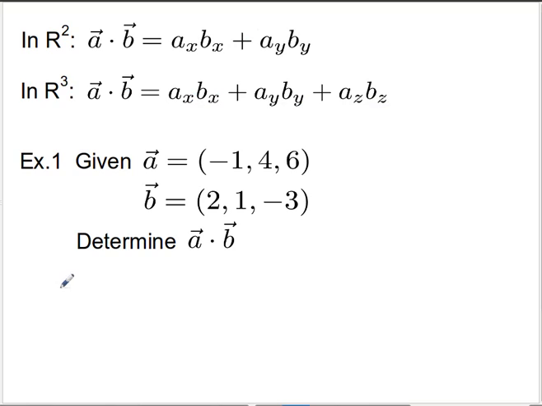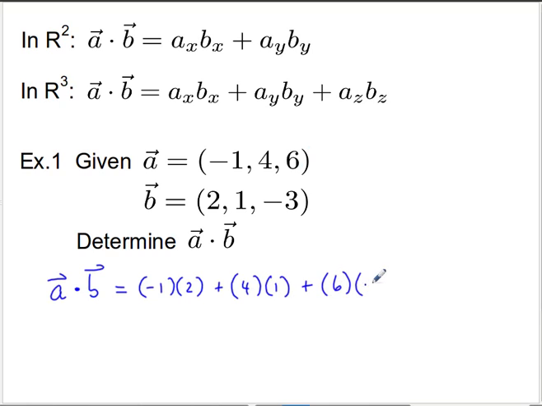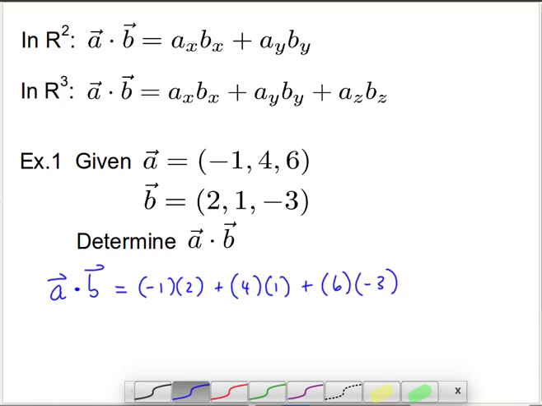So a simple little example here just to illustrate this. A dot B is equal to, I'm going to take the x components and multiply them together. So that's going to be -1 times 2 plus the y components, which is 4 times 1, plus the z components, which is 6 times -3.